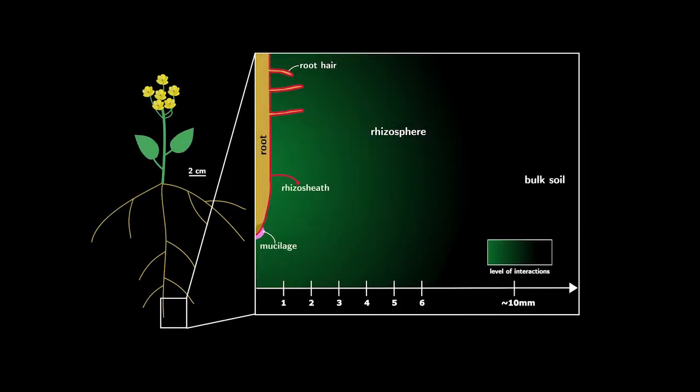Typically in soil, when plants interact with each other or with other organisms like microorganisms, bacteria and fungi, these interactions take place at very short distances, on the order of millimeters. That's because this signaling, this exchange of information between organisms, is associated with the exchange of signaling molecules.